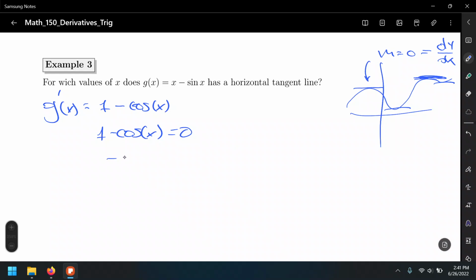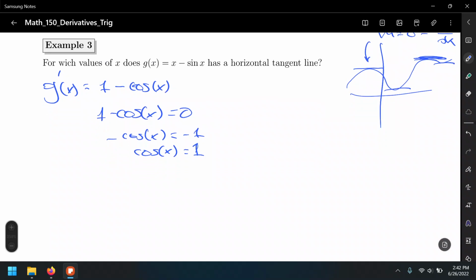That's going to give us negative cosine of x equal to negative 1, and that means cosine of x equals 1. All right, so we need to determine where cosine equals 1. From the unit circle, cosine is equal to 1 for 0, 2 pi, 4 pi, 6 pi, actually all multiples of 2 pi.